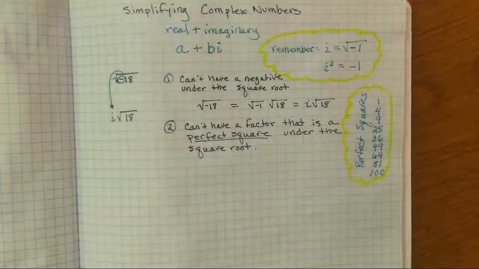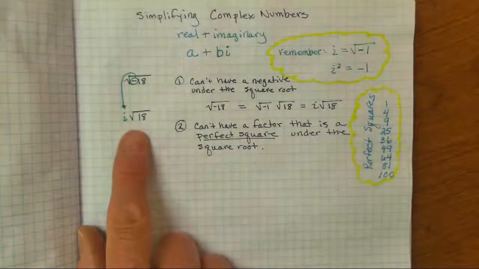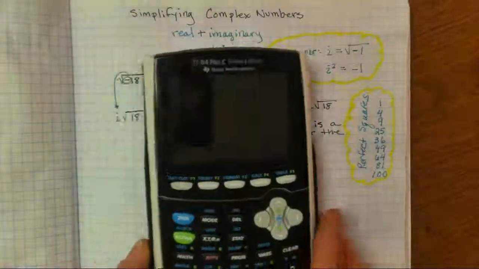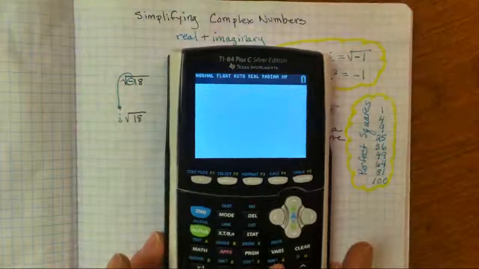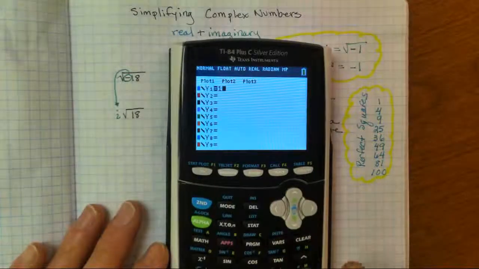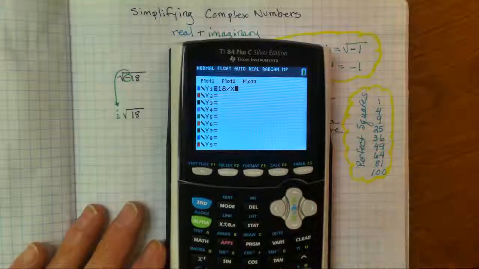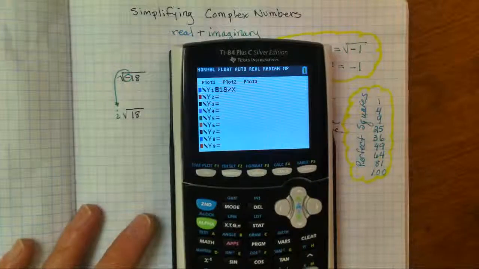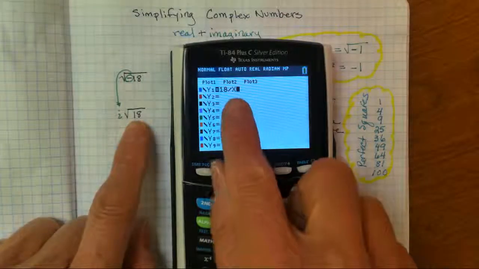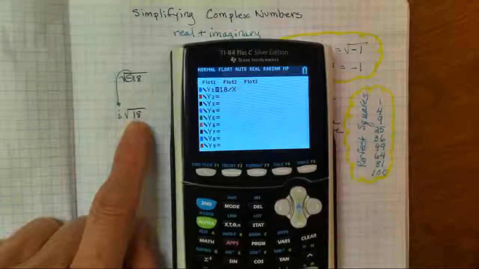So that means that I have to think of my factors of 18. So let's go ahead and use the calculator, and we're going to get our factors of 18. You could do this longhand, but since we know how to do this on the calculator and we're allowed to use a calculator, let's go ahead and take advantage of that. So I'm going to take 18 and I'm going to divide it by every number in the universe, x, to find the factors.